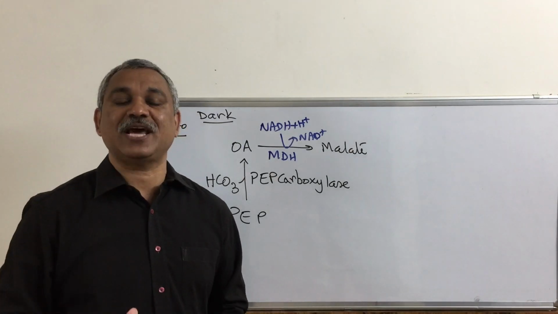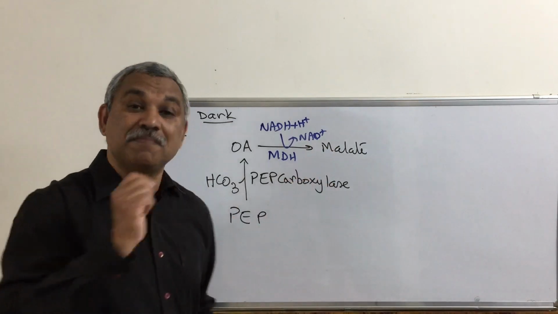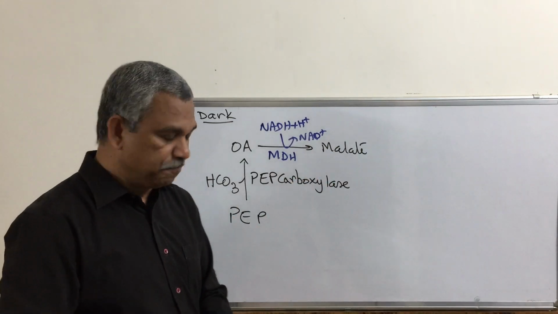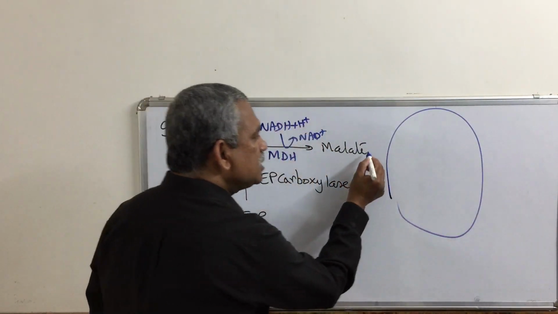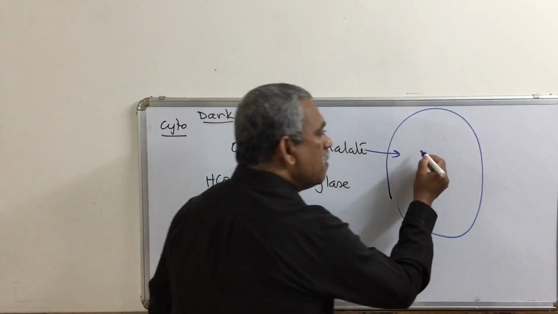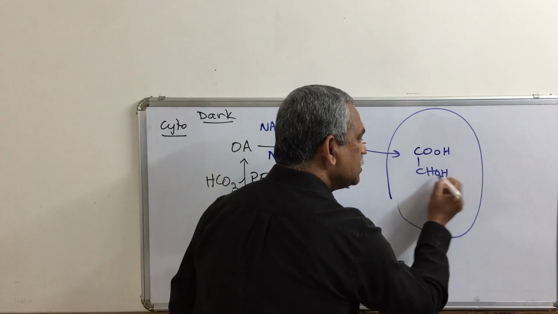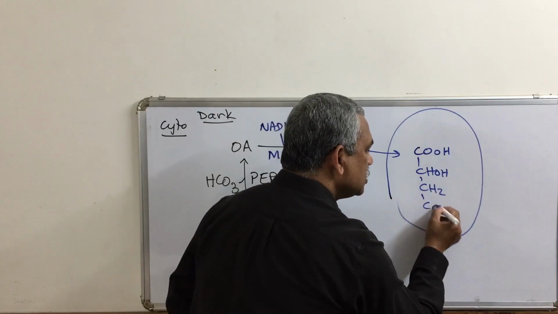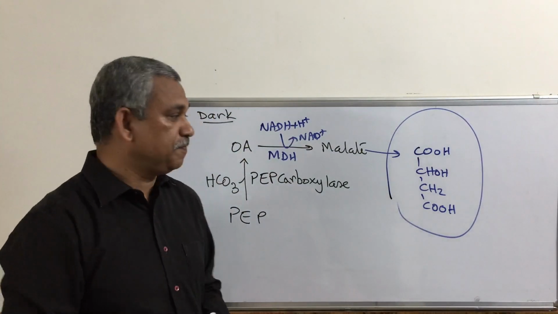All CAM plants have a vacuole which is used for storing this malate as malic acid. If you consider this is the vacuole, this malate is transferred into the vacuole and converted to malic acid, writing the structure of malic acid: CHOH, CH2 and COOH. It's converted to malic acid.